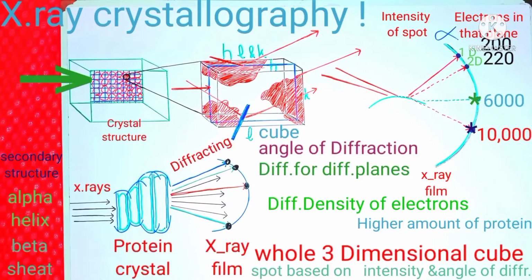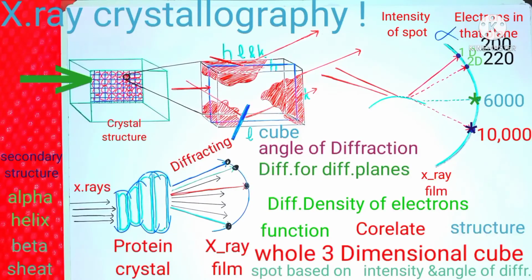But that is also not the end, because it is only the structural part. We also perform several experiments to find out the function of the unknown protein. Once we know the function, we can correlate the function with the structure to get exactly what kind of structure the protein should have to obtain that kind of function. If we know the function, we can go back to get the structure.